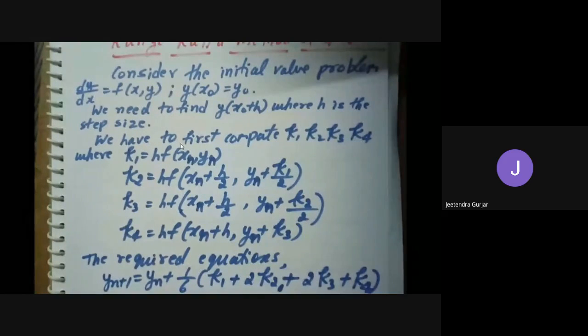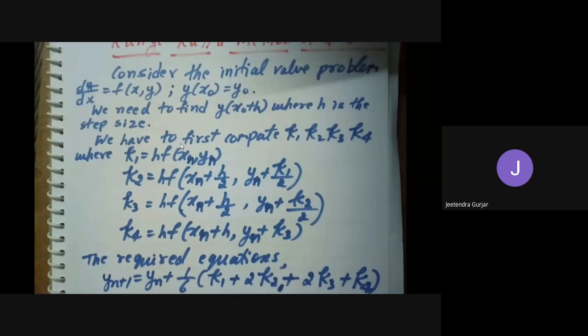Here the change is we have to find y of x naught plus h, where h is the step size. As I have discussed already, h is nothing but the interval. It is the step size or step length, we say, students. Runge Kutta method says that h we are going to take as the step size. Step size is nothing but again an interval.